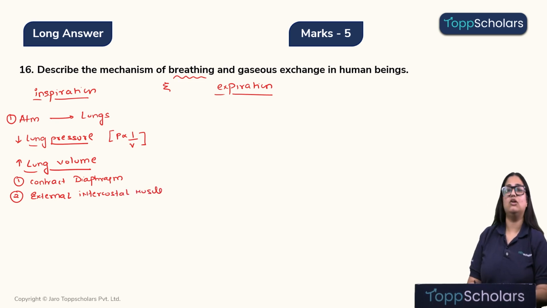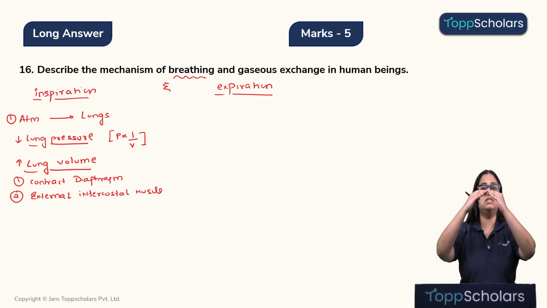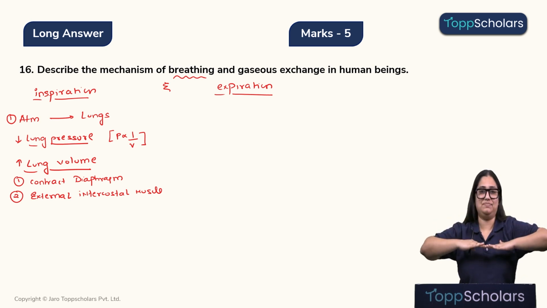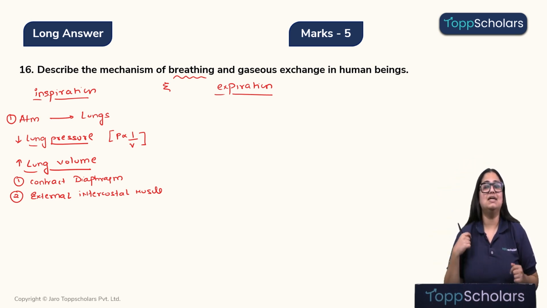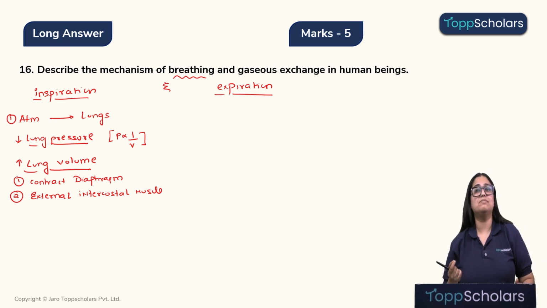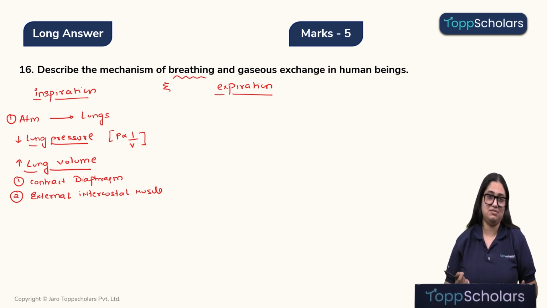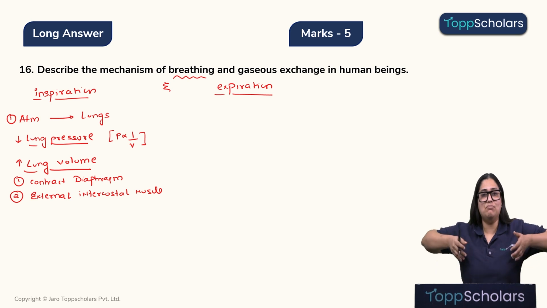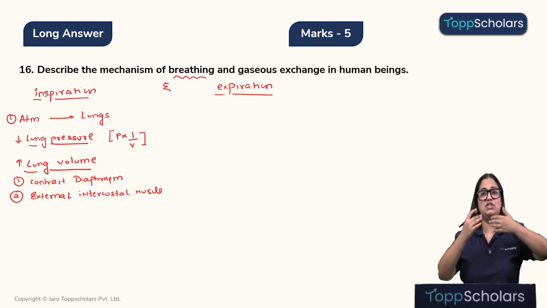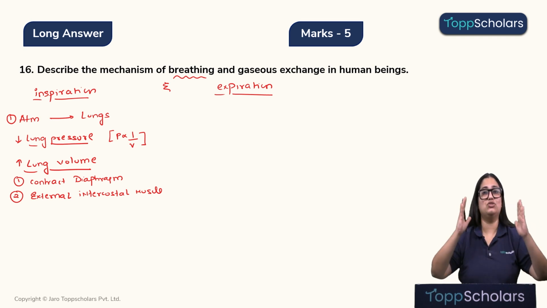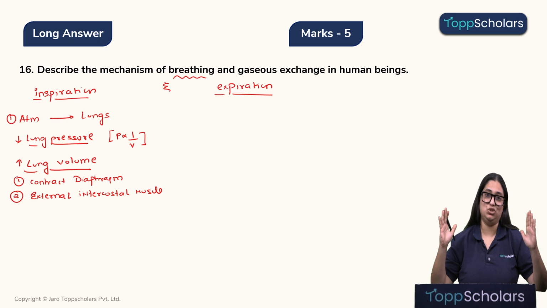So, when we contract the diaphragm, the dome-shaped diaphragm becomes flat, and as a result the lungs can expand in vertical diameter. Hence, the size increases. Similarly, the external intercostal muscle is present between the ribs, and when it contracts, it moves the ribs upwards and outwards, and as a result the lungs can expand in the AP direction and also in the horizontal direction, right?